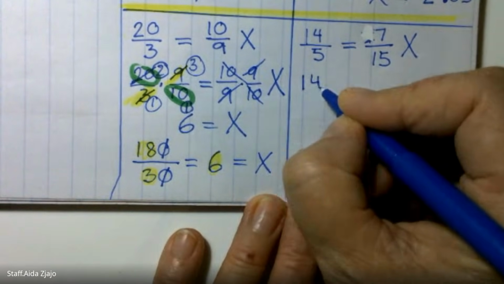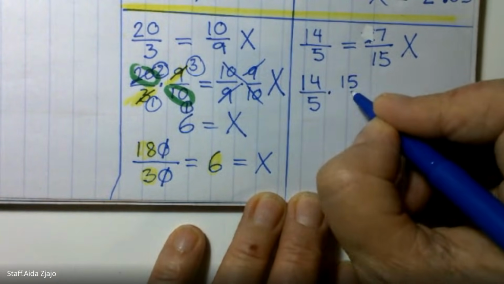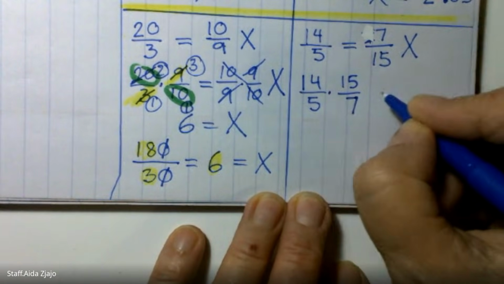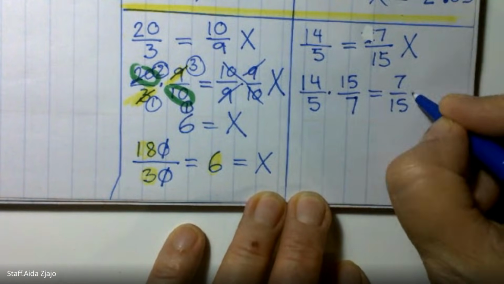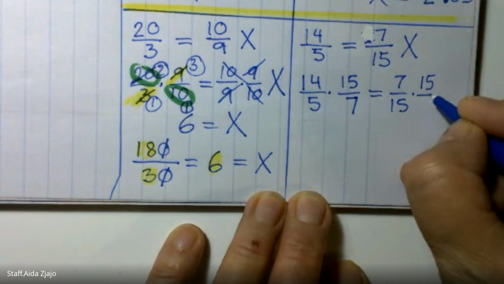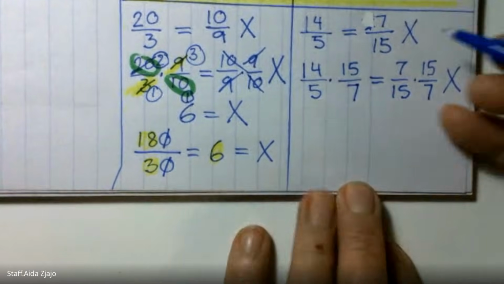So 14/5 times 15/7, the same as 7/15 times 15/7 x.